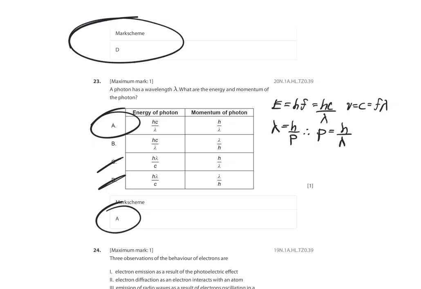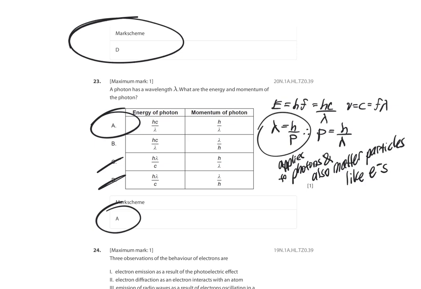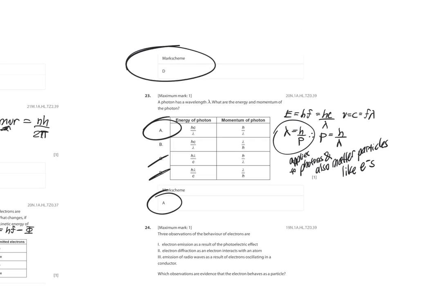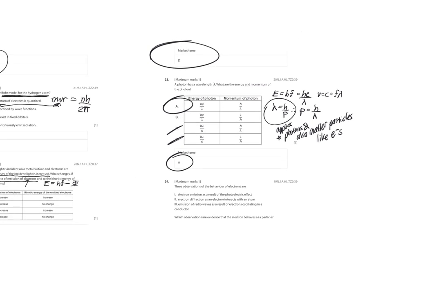If the photon is a particle, just as the electron is a particle, but the electron acts like a wave, just as a photon acts like a wave, they are interchangeable. So that de Broglie wavelength equation applies to both photons and also matter particles like electrons. And yes, anyway, 23 is A.